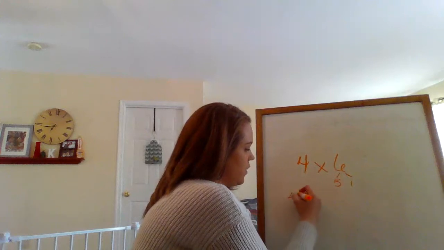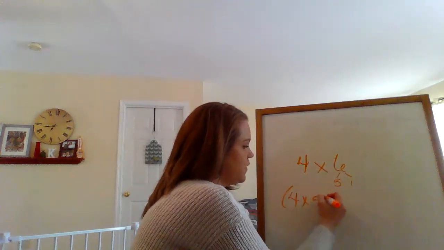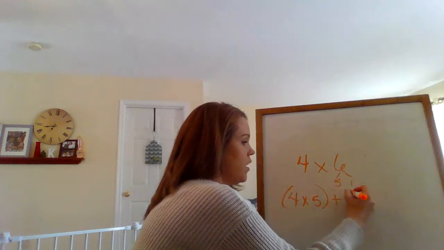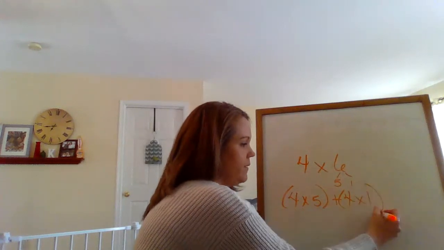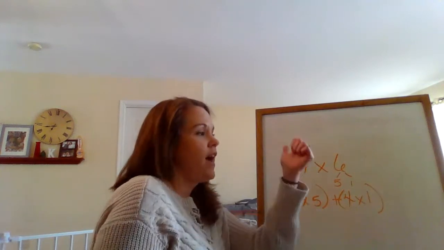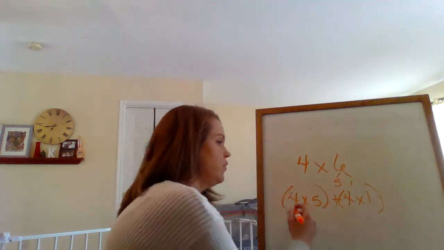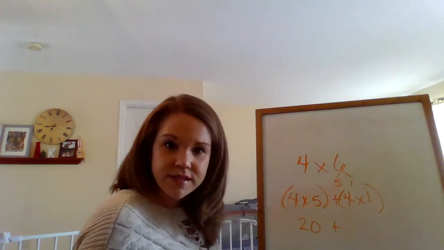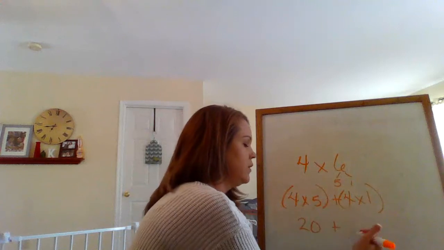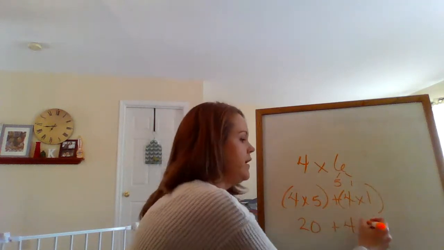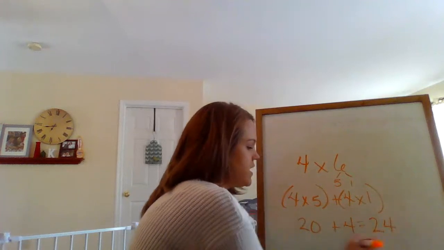So I need to do 4 times 5 plus 4 times 1, right? 4 times 5, 5, 10, 15, 20. And then I know that anything times 1 is itself, so I write a 4, and 20 plus 4 is 24, right?